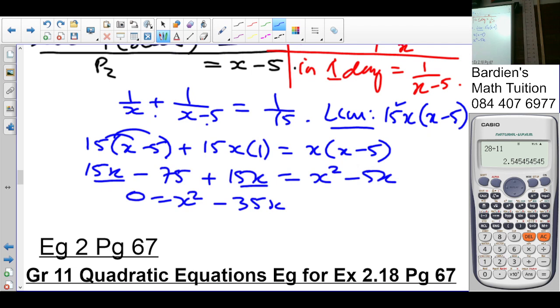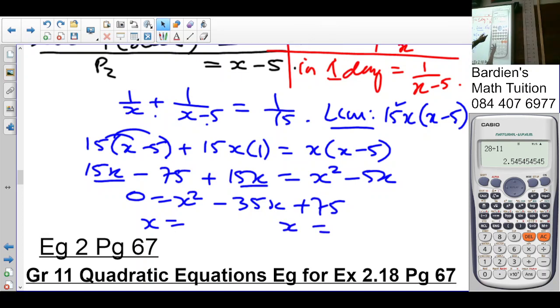Not so? Plus 75. But of course now we're going to use the quadratic formula, not so? So we go quadratic formula, you can use the solver calculator as I have here. There's going to be 1, negative 35, 75, so that will give me decimal 32,71.